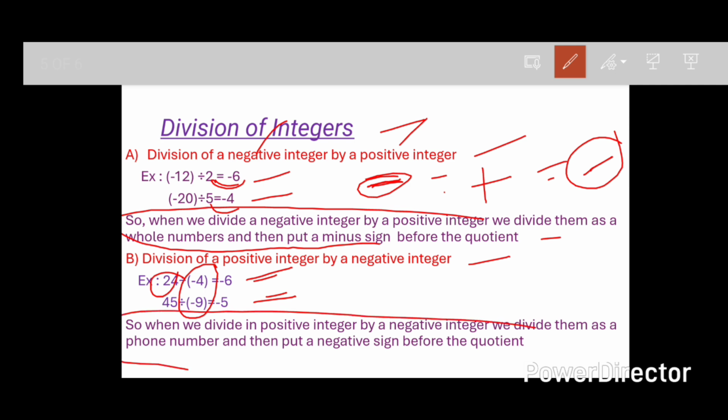So what is the conclusion? So when we divide a positive integer by a negative integer, what happens? We divide them as whole numbers first. Sorry, here a mistake is there. Whole number, that is whole number, and then put a negative sign before the quotient. For both methods it is the same, but here first a negative number will come, here positive, but the method is same for all.